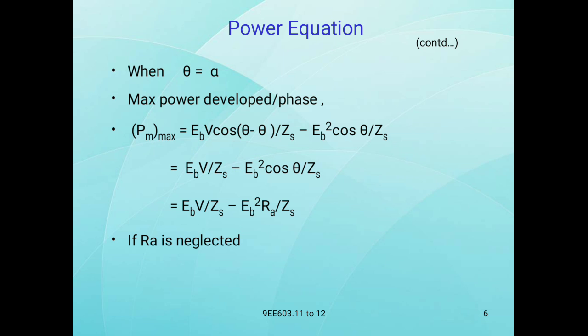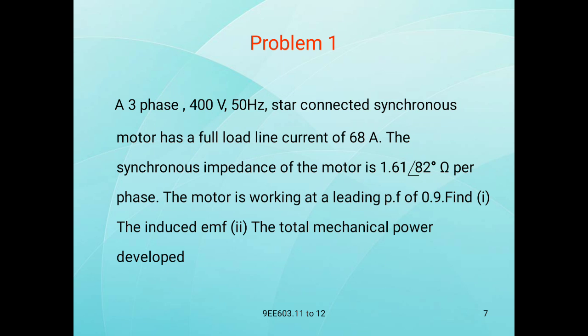If RA, the armature resistance, is neglected, the formula for 3-phase maximum power is 3 EB V by Xs. This is the maximum power developed in the synchronous motor.